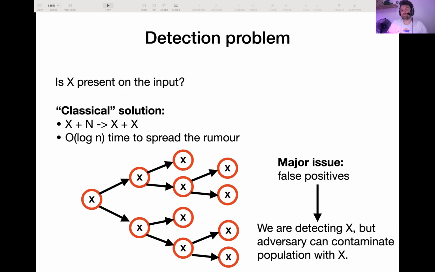After log n time, if X was present in the input, everyone will be in state X. The major issue here is that any false positive reaction will contaminate a population that had no X's, and quickly the false rumor will spread.